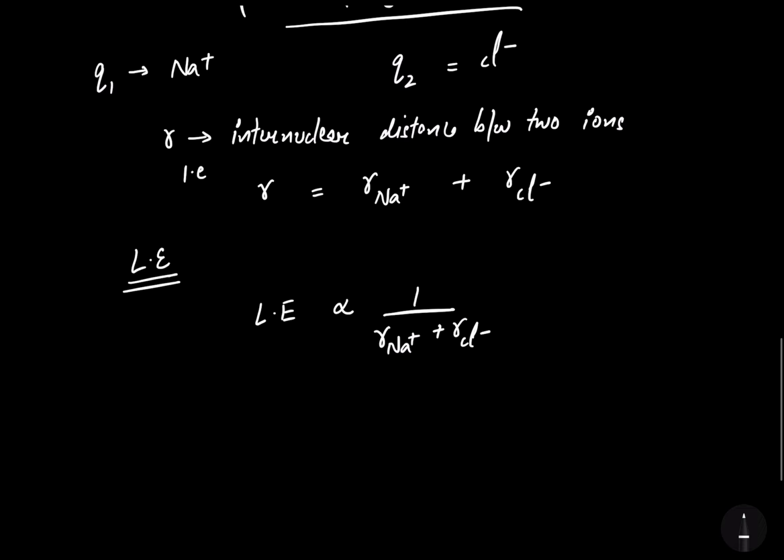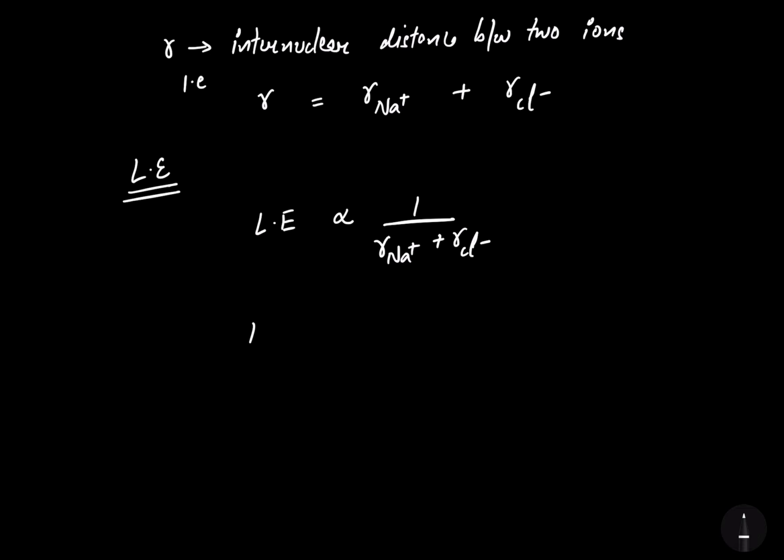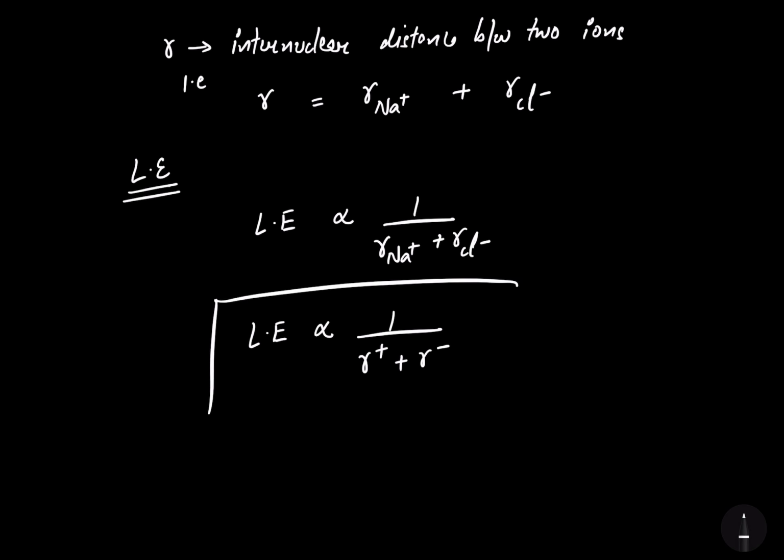So we can say that lattice energy is inversely proportional to the sum of the radius of cation and the radius of anion.